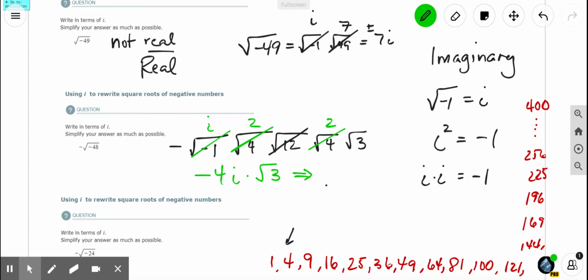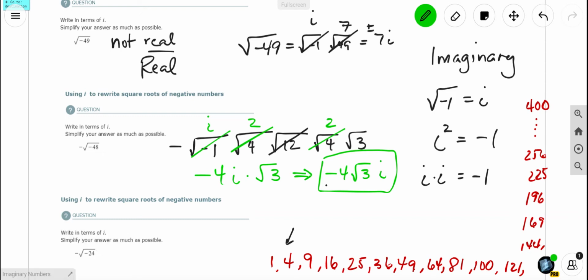A lot of times it would come like this, but I'm pretty sure Alex likes it like this, and then you put the i here. In essence, it's all the same because these things are just multiplying by each other. We typically put the imaginary piece at the end.